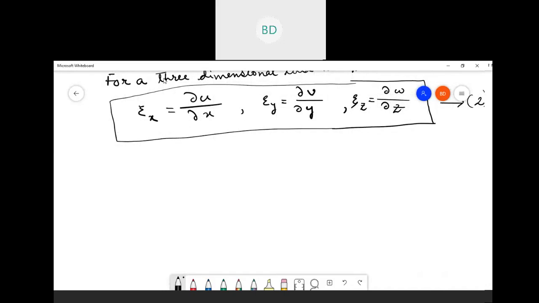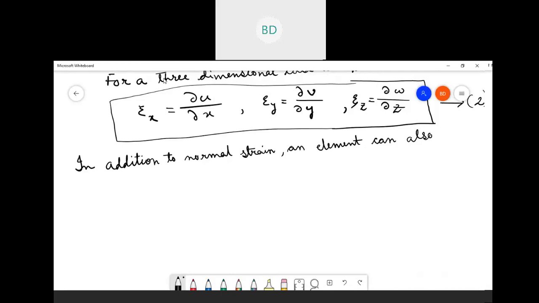You write, in addition to normal strain, an element can also experience a shear strain.